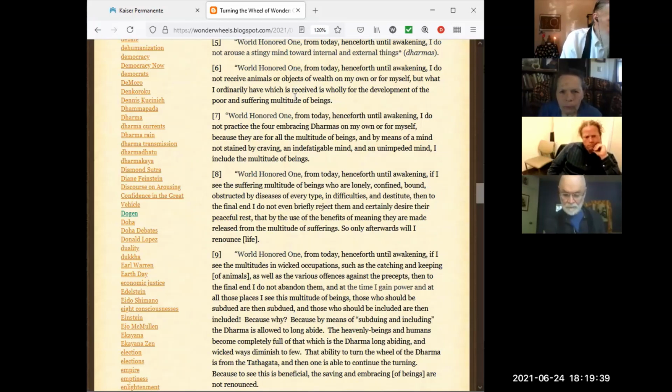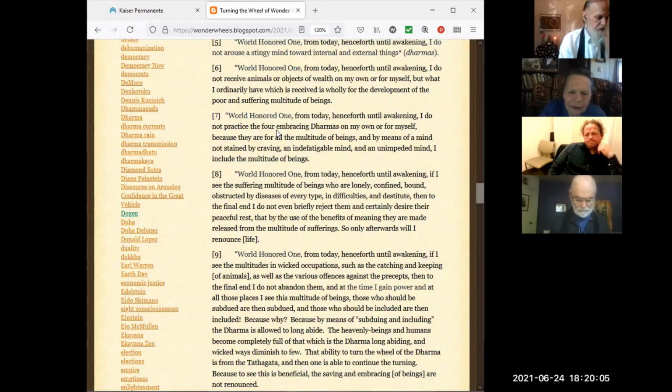What's interesting, one translation interest is that the Tibetans change what I have as the poor and suffering multitude of beings. The Tibetan translation from the Waymans has poor and friendless.